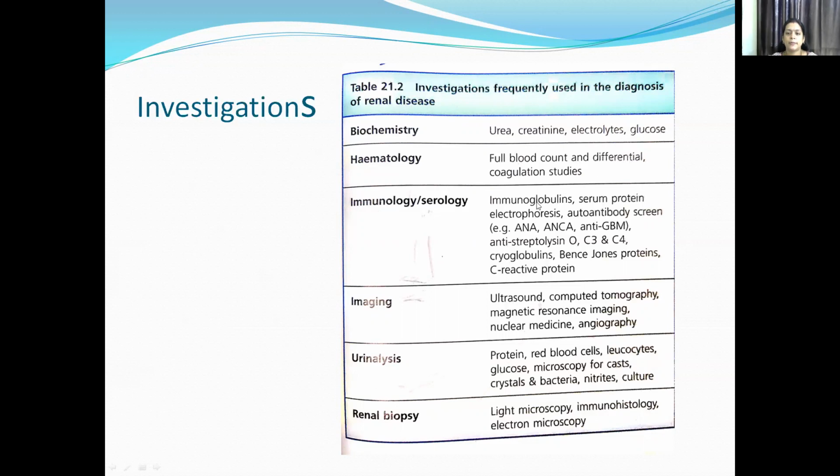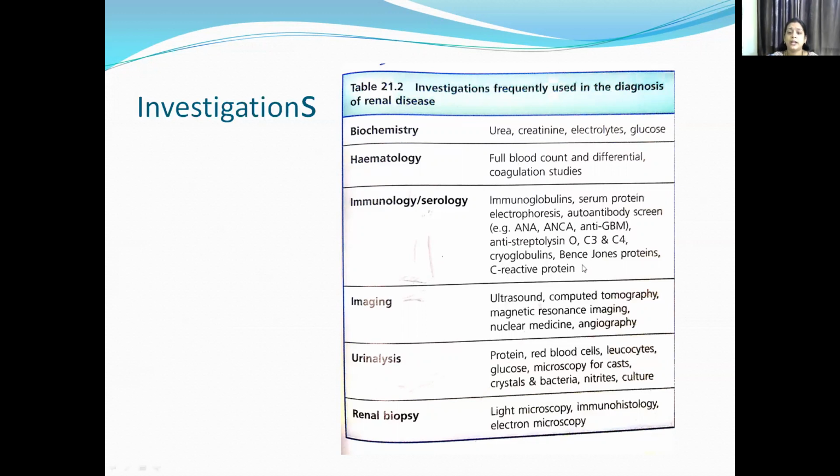Immunology or serology about the immunoglobulins, serum protein, immunoglobulins, because there can be certain diseases like systemic lupus erythematosus, which can be associated with lupus nephritis. Immunoglobulins help in getting to the lupus nephritis.